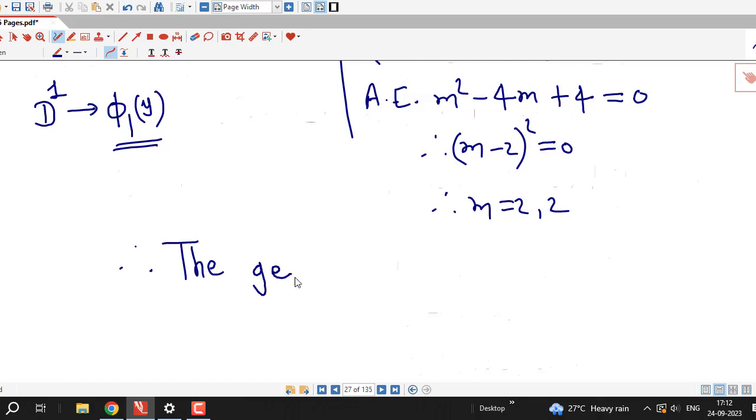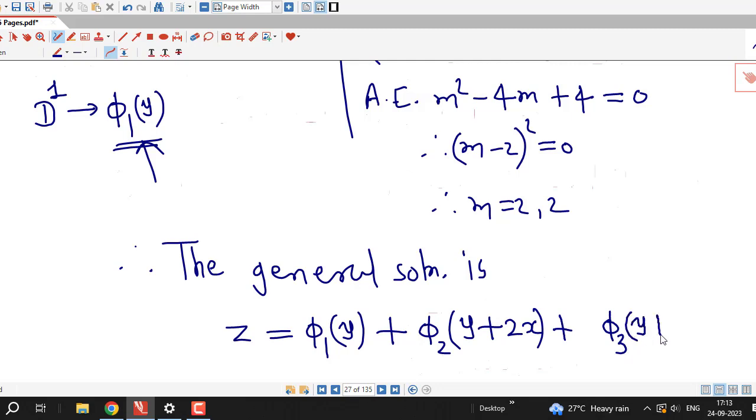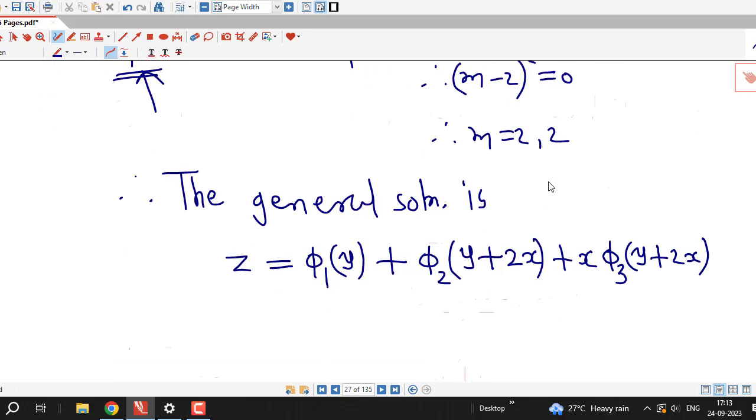Therefore the general solution is z equal to, first I am writing this corresponding to power of D, that is an arbitrary function of y denoted by phi 1. Corresponding to m equal to 2, I have to write another function of y plus mx, m is 2, plus another arbitrary function of y plus mx multiplied with x.